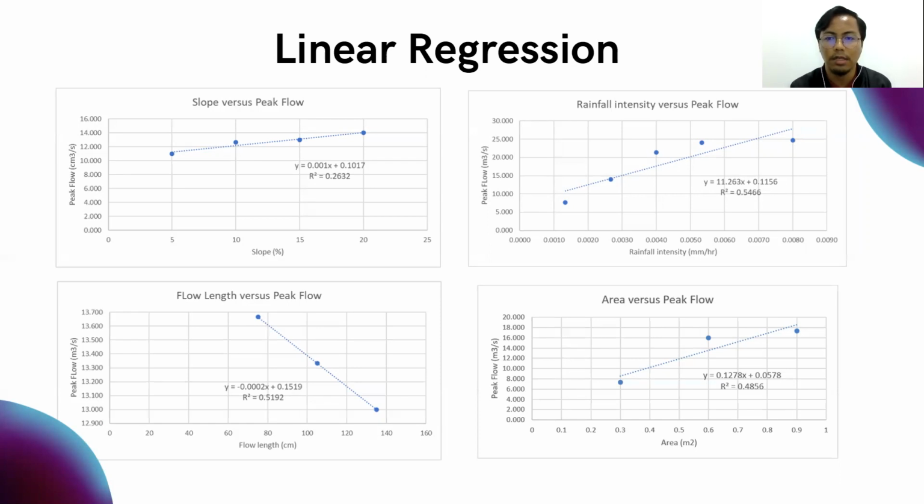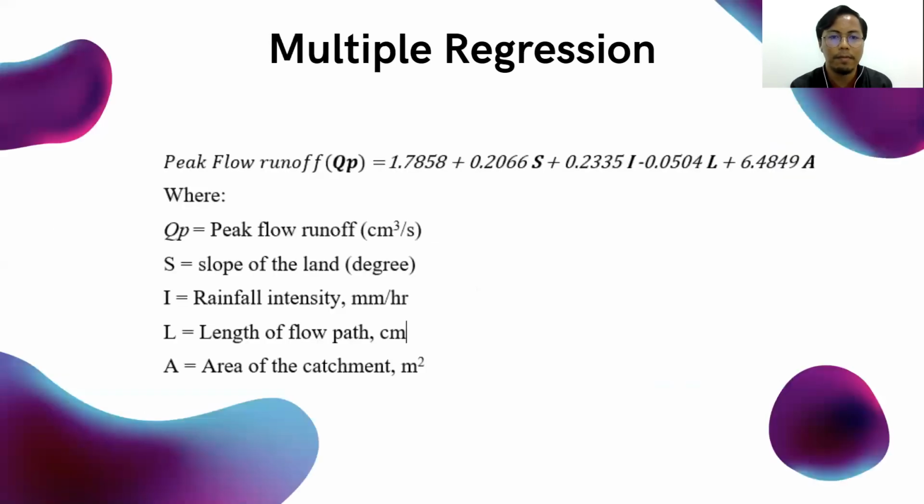They have correlation. For the rainfall intensity, we have 0.5, which is higher, and then flow length with an R square value of 0.5 also, and the last one is area, with a value of 0.4, which is good and shows that they have a relationship and influence towards the peak flow.